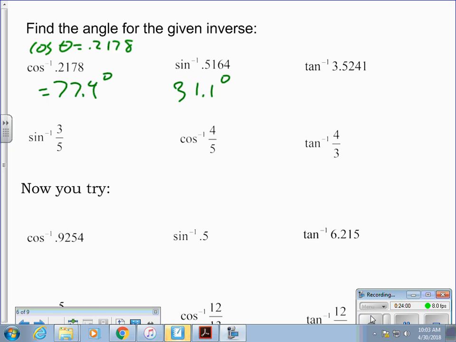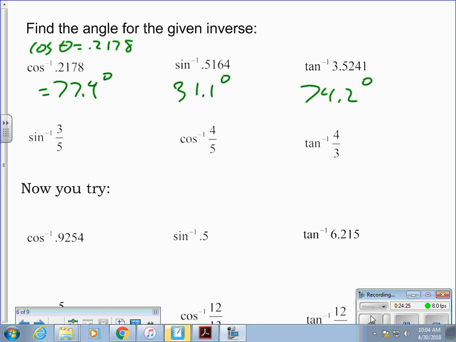Standard, go figure. Okay, and the inverse tangent, 3.5241. 74.2 degrees, rounding off.